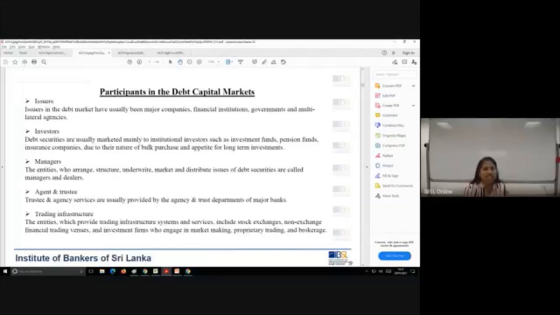What are the agent and trustee doing? Usually these are separate departments in a bank. They are there to protect the interest of the investor. Especially the trustee, because there can be so many investors.